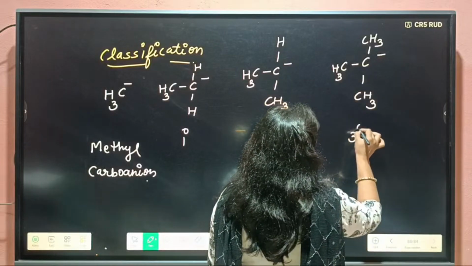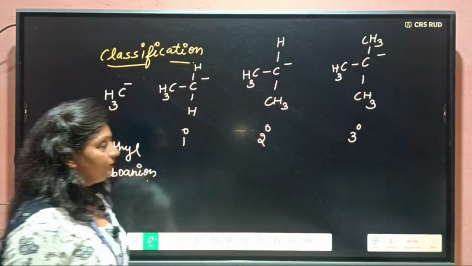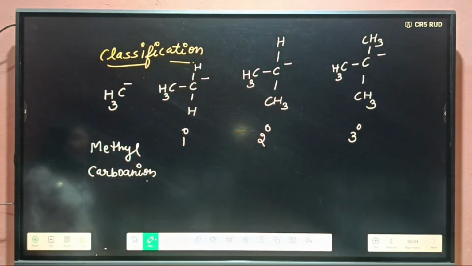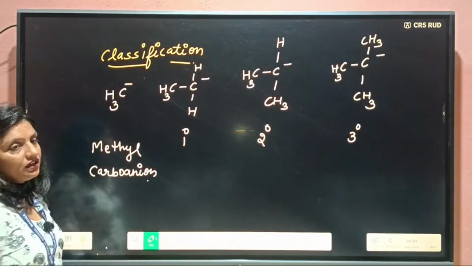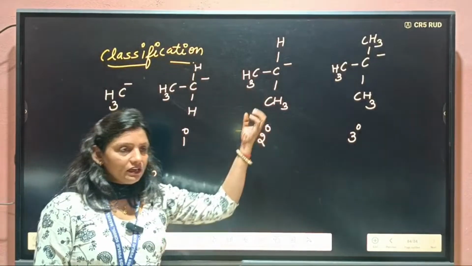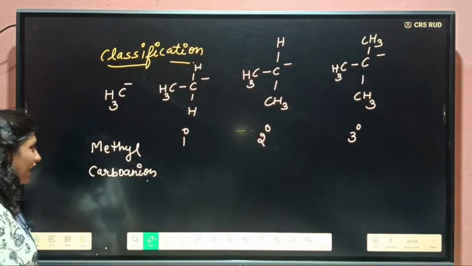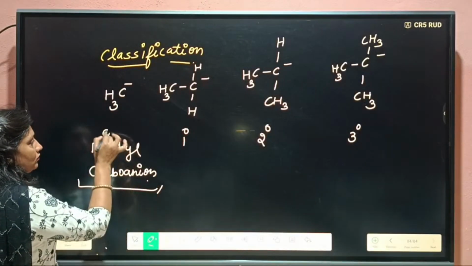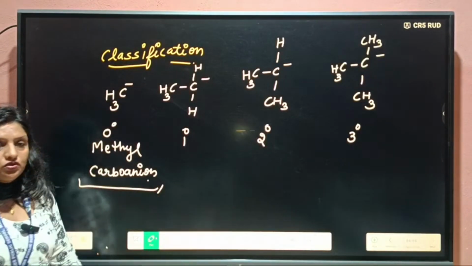It is tertiary. So students, we can classify carbanion also into methyl, primary, secondary, tertiary. Methyl we can sometimes say 0 degree also.